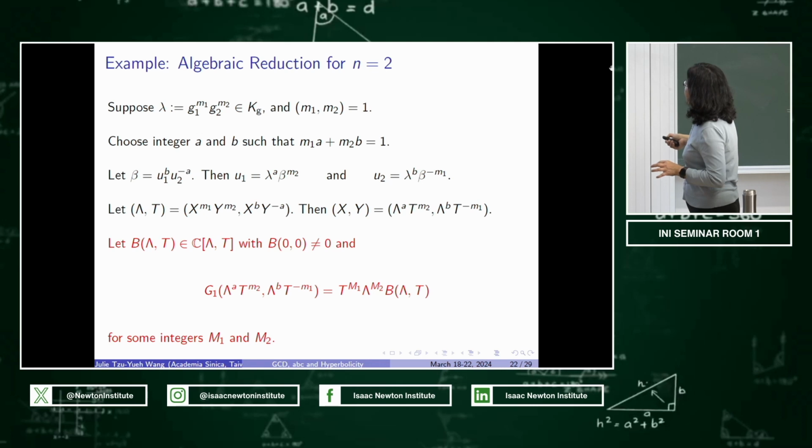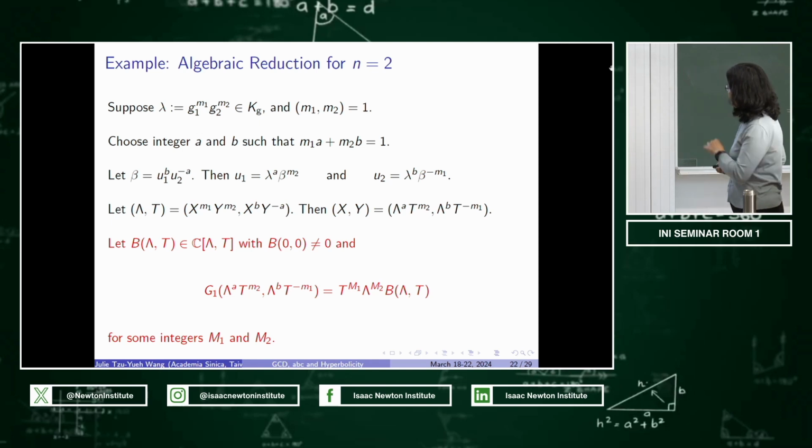And then you have T and lambda, and another polynomial where you take out all the monomial factors, such that B of (0,0) is a constant. There is a constant term there.